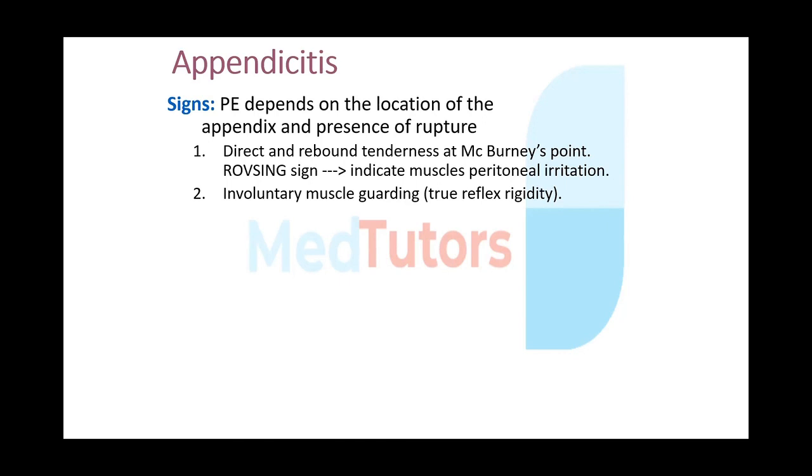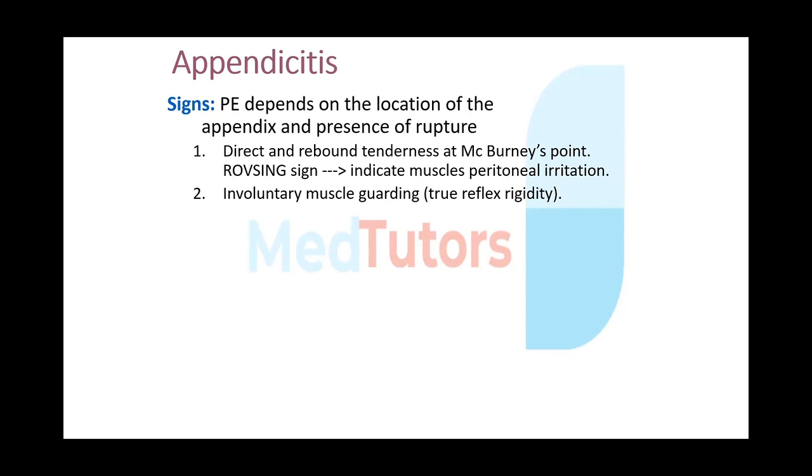When you palpate the right iliac fossa, there is tenderness in the right iliac fossa. When you suddenly lift up your hand from that deep palpation and the patient feels pain, that is rebound tenderness.